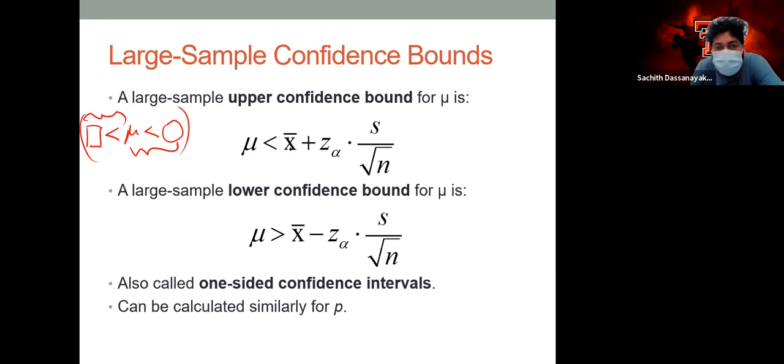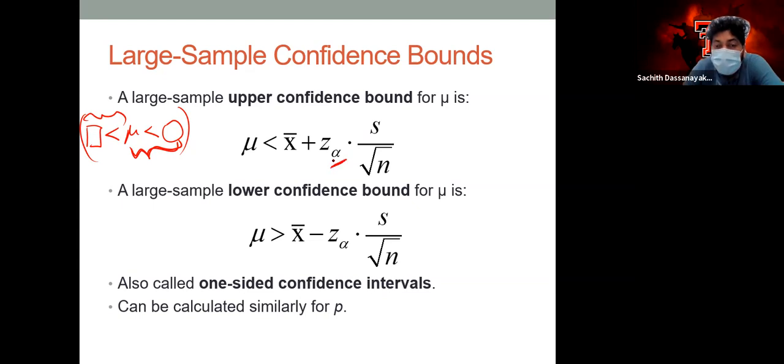So upper bound: mu less than x bar plus z alpha times s over square root of n. If you need the upper bound, please don't first find the confidence interval and take that value as the upper bound. Why?